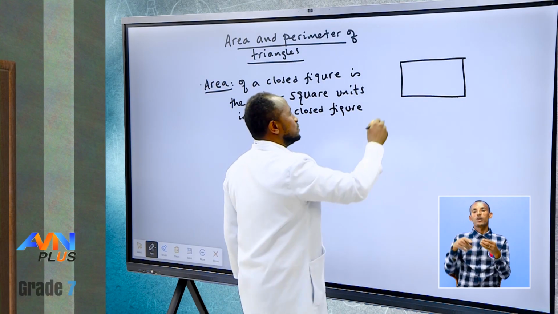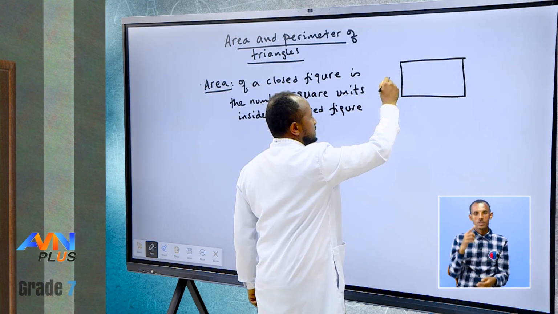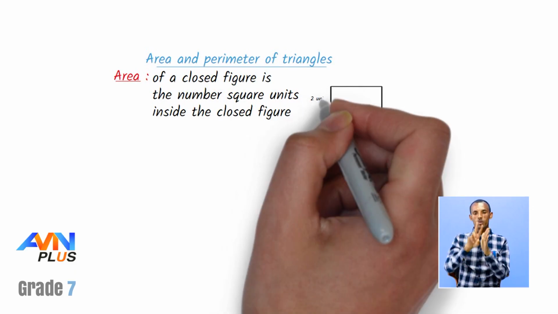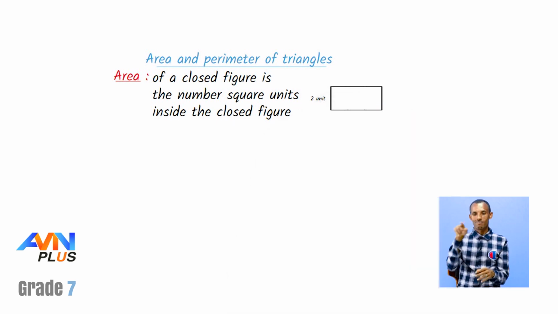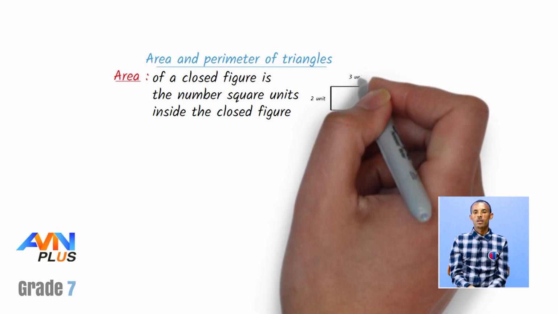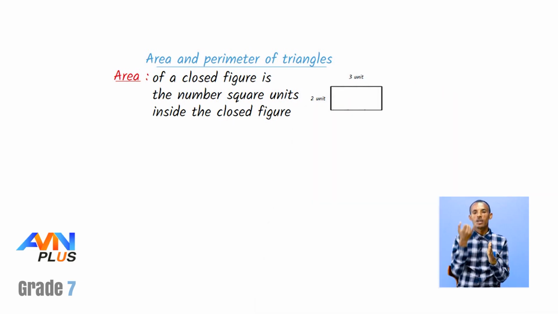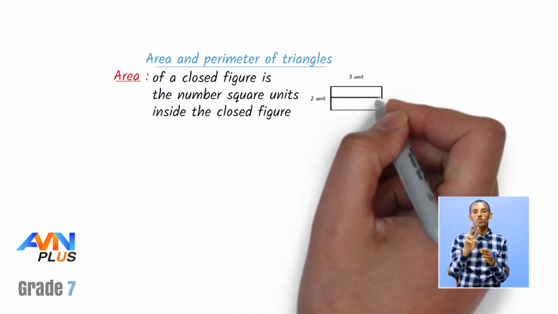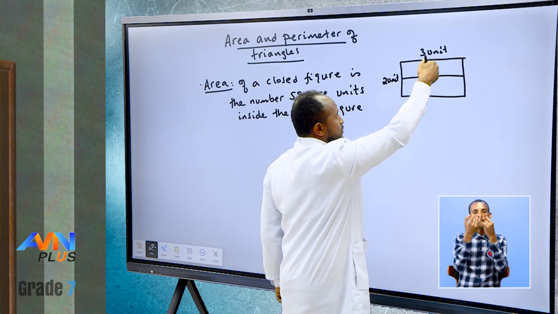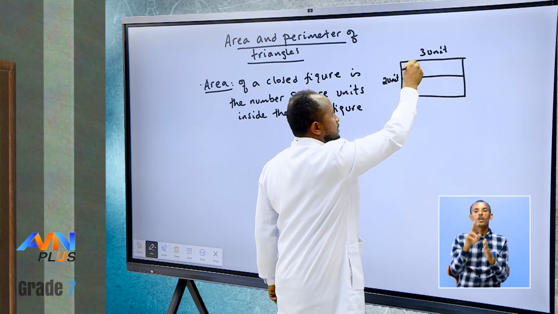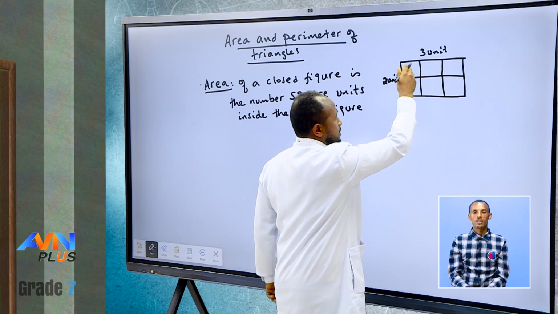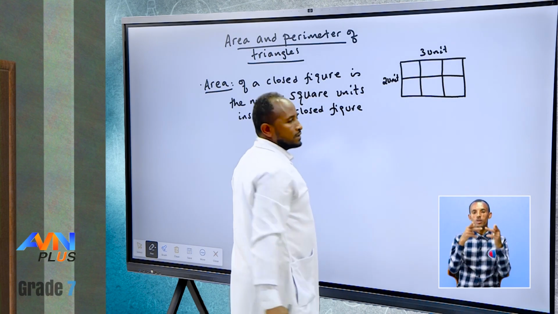Assume this side is 2 units and this one is 3 units. If you divide this into 2 pieces and this into 3 pieces, you have this.